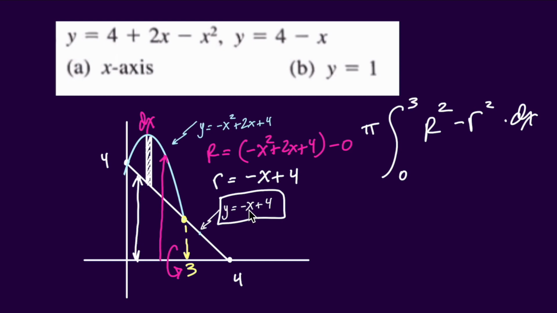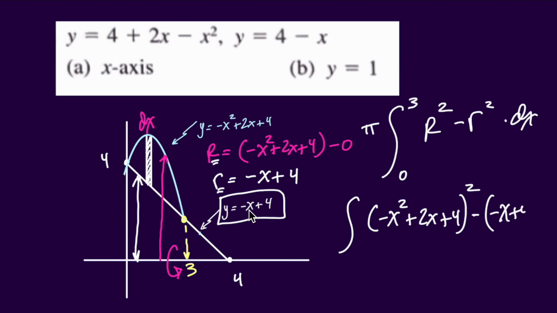We are going to take our formulas for big R and small r and square them. So we're going to have the integral of negative x squared plus 2x plus 4 squared, that's our big R, minus small r, negative x plus 4 squared dx. That is the setup.